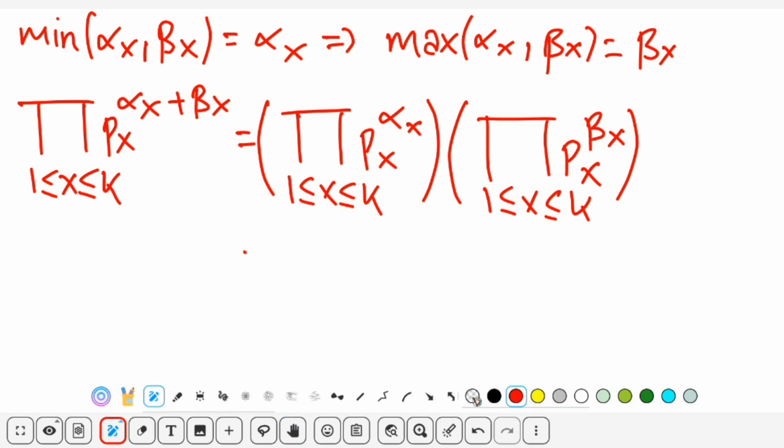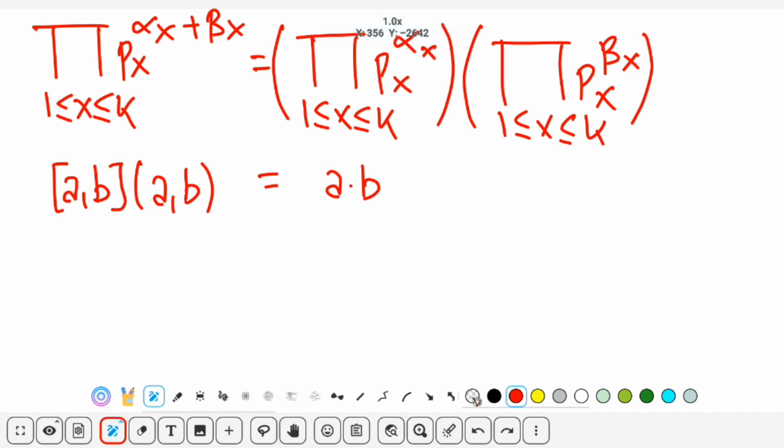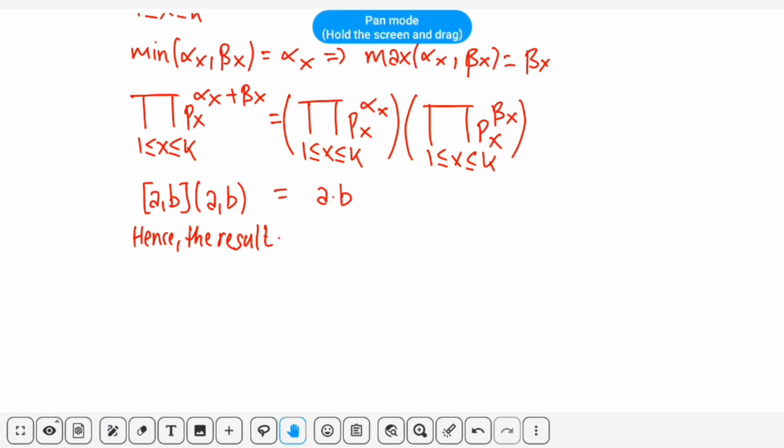Now this becomes A times B, and we proved that the LCM of two numbers A and B times the GCD of the two numbers is equal to the product of the two numbers. Hence the result.